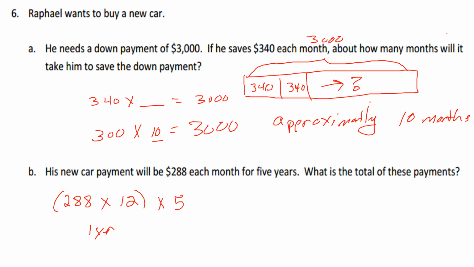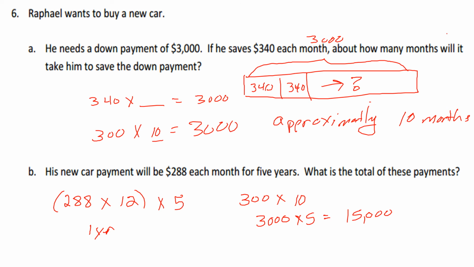So when we estimate that, 288 would be closer to 300, 12 would be closer to 10, which gives us 3,000. Then we want to know for 5 years, and we end up with 15,000. Now that's one way to do it.